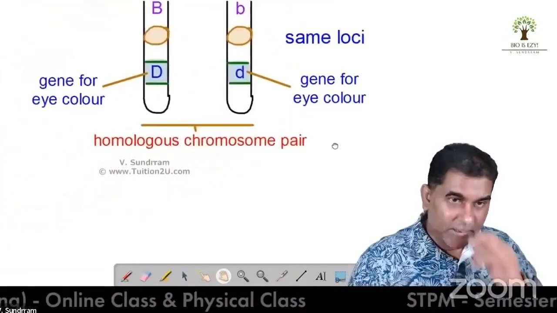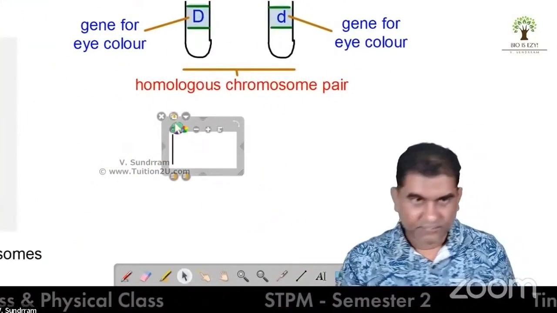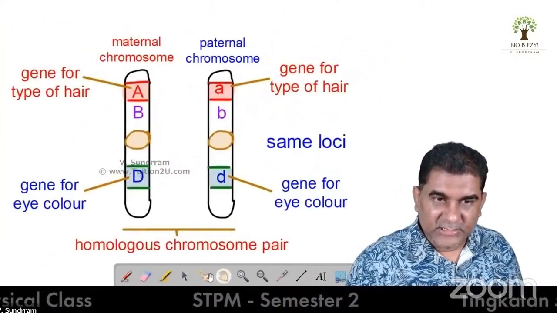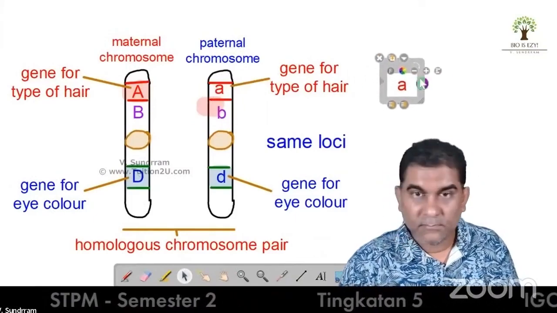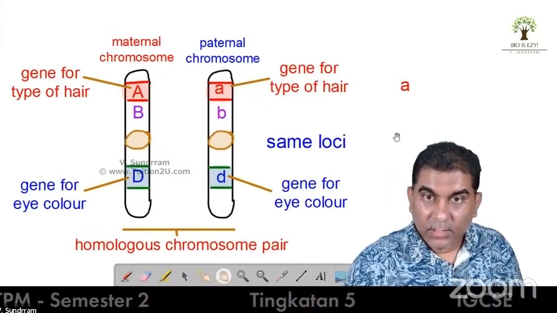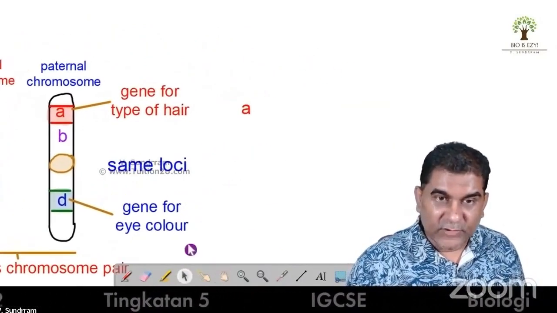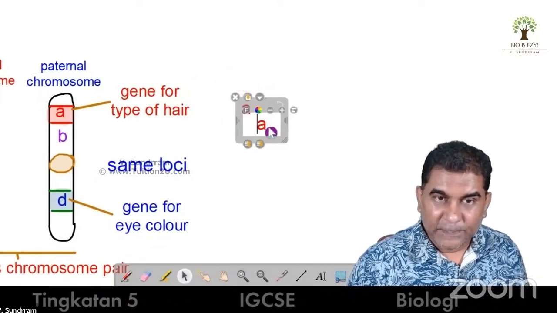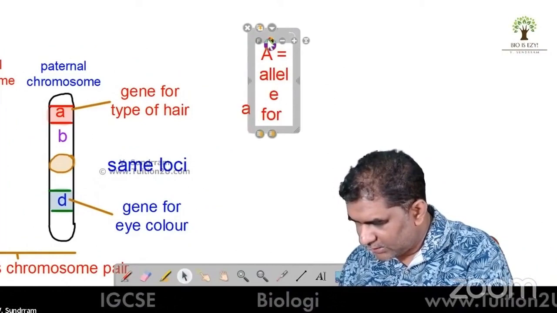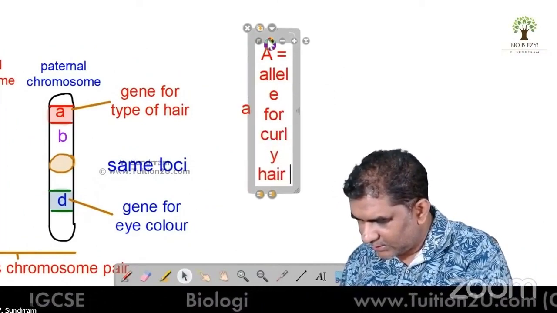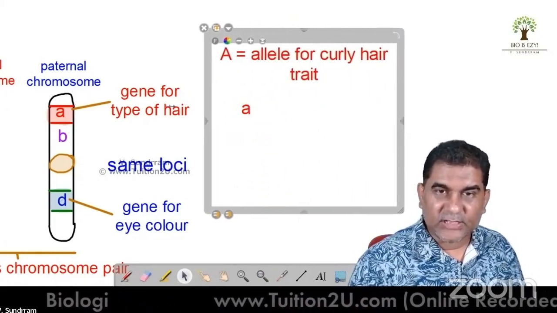Possibilities is maybe that person receives both capital. Let's say I take the gene for type of hair. So for the gene for type of hair, capital A is the allele for the curly hair trait.